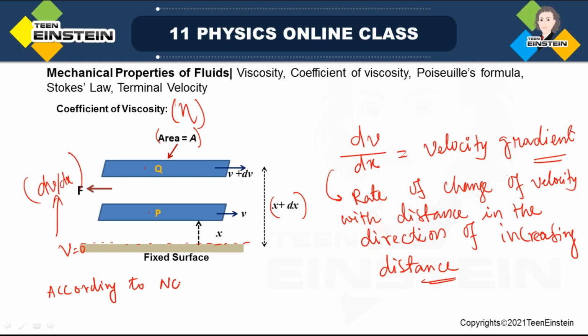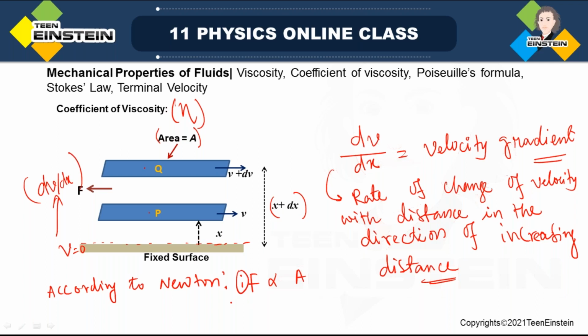According to Newton, this viscous force acts tangentially between the layers, and the viscous force is directly proportional to the area of cross section or area of layers in contact.